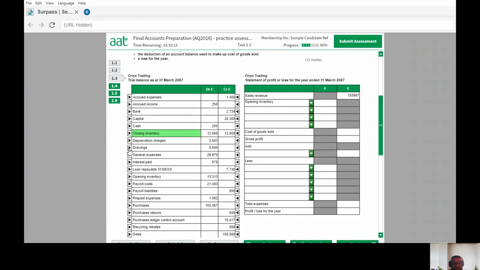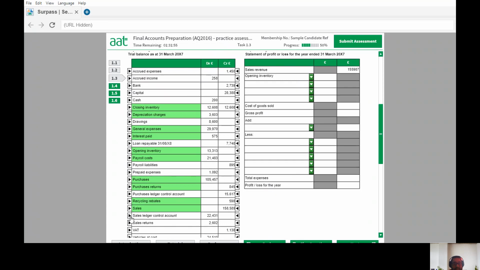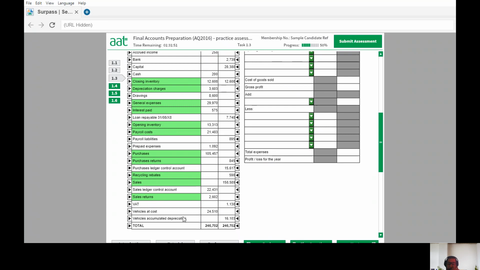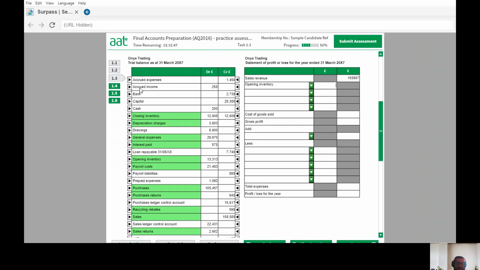Closing inventory goes there, depreciation charge, interest paid, opening inventory, payroll cost, purchases, purchase returns, recycling rebates, sales returns, and any other things. I don't think there's anything else, but we just check it. Accrued expenses and accrued income both go in your statement of financial position.